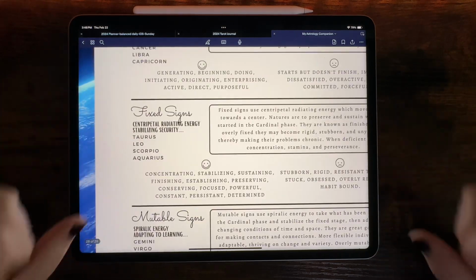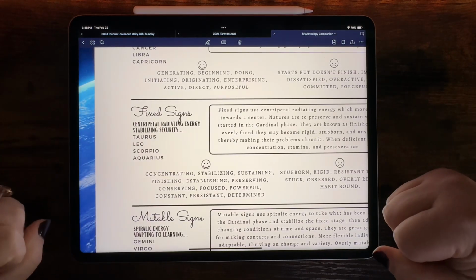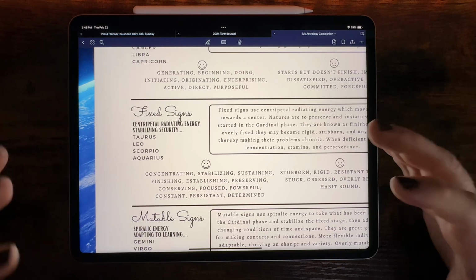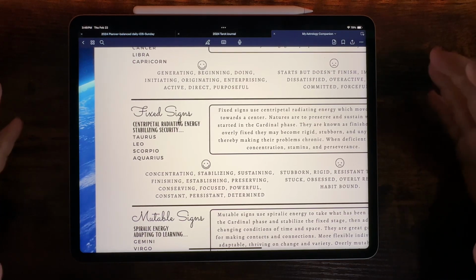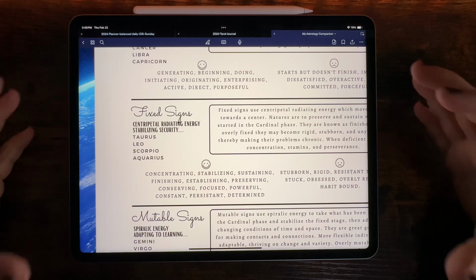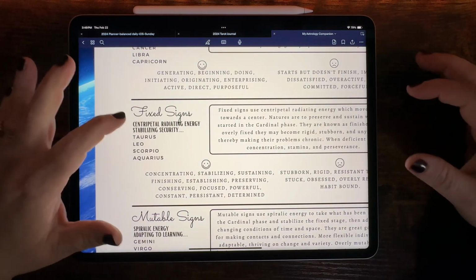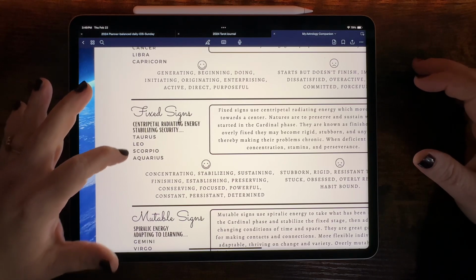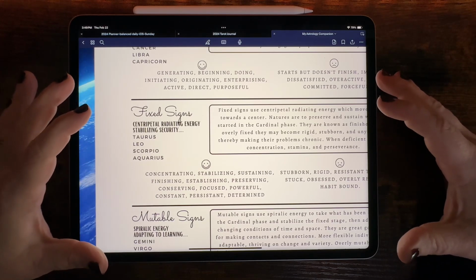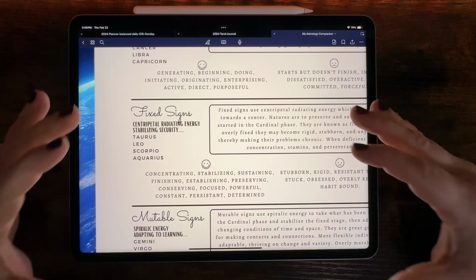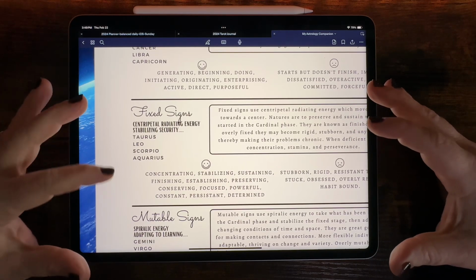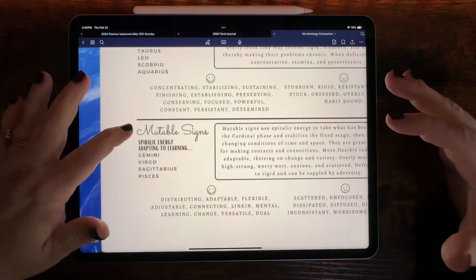They stayed the course, because they were considered smack dab in the middle of a season. I'm going to break that down a little bit more. Those fixed signs were Taurus, Leo, Scorpio, and Aquarius, at the time this was set up, which is roughly 2,000 years ago.